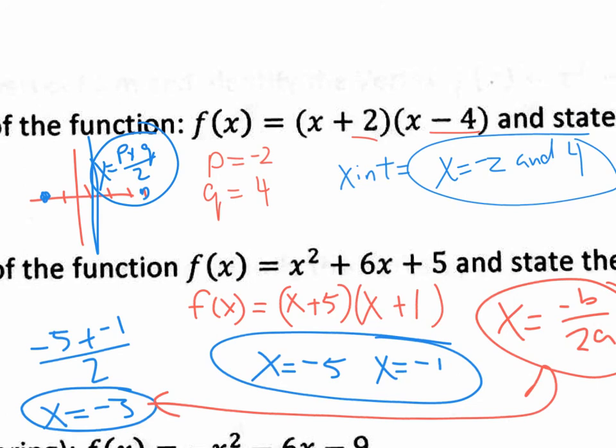So what is 4 plus negative 2, or negative 2 plus 4, divided by 2? What is that? Anybody? Nobody knows how to do that? 1. Okay, so my axis of symmetry will be x equals 1. There's that answer. Simply add p and q together, then divide by 2.